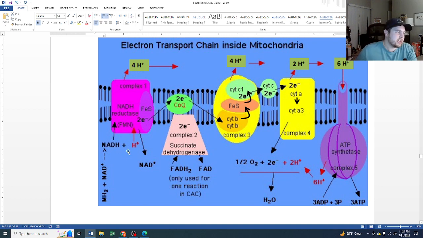The NADH gives its electrons to complex 1, and FADH2 gives its electrons to complex 2. Both of those give their electrons to this CoQ, this ubiquinone.